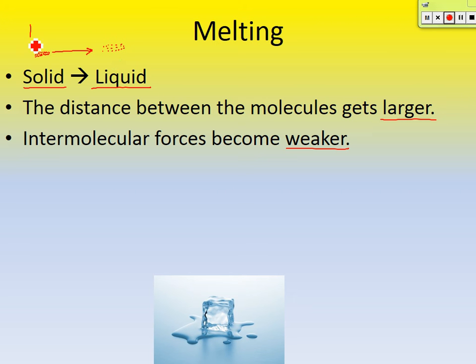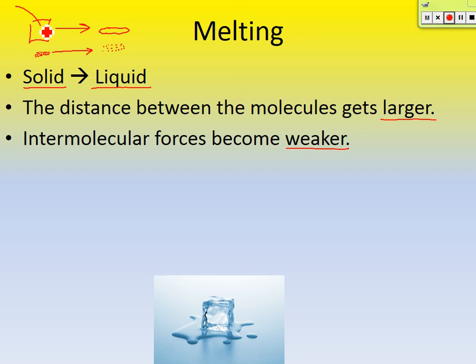If you have a piece of ice here and you want to melt it into this puddle of water, does heat have to flow into the ice cube or out of the ice cube? Out. But how do you melt ice, guys? You have to put it in a warm environment, right?